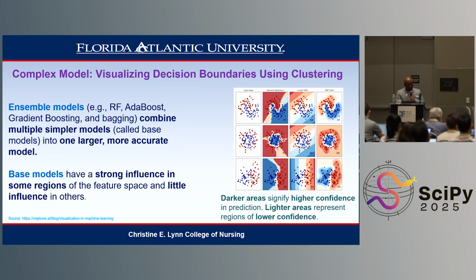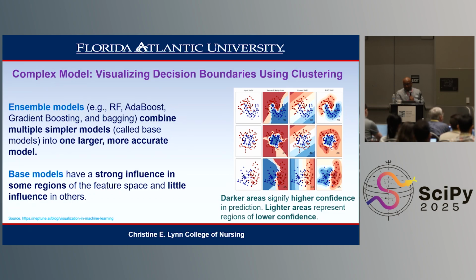For a complex model, we visualize decision boundaries of different models. For an ensemble model, we visualize and also better comprehend the weights assigned to each base model within the ensemble. Typically, a base model has a strong influence in some region of the feature space and little influence in others.